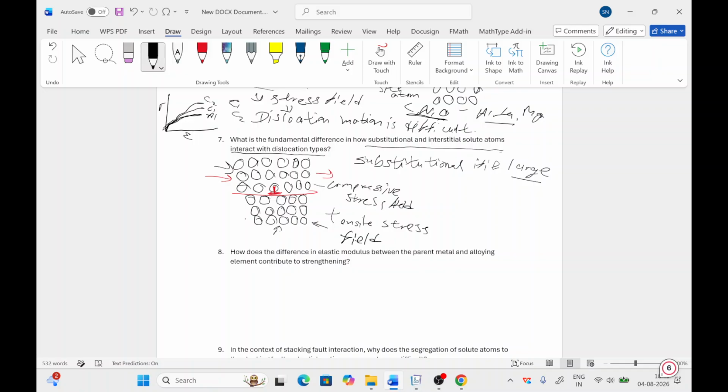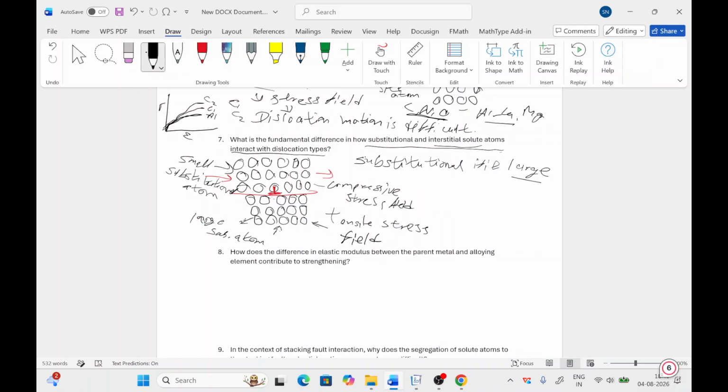So here the small substitutional atom, and here the large substitutional atom. And the interstitial solute atoms are already very small, smaller than the substitutional ones also.